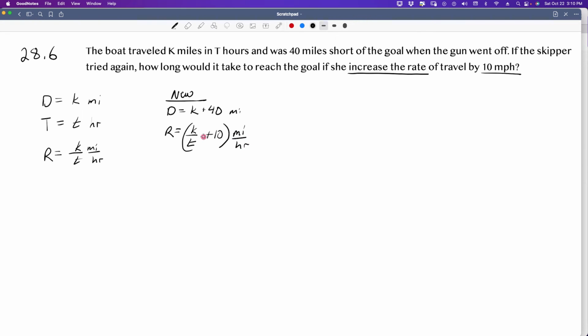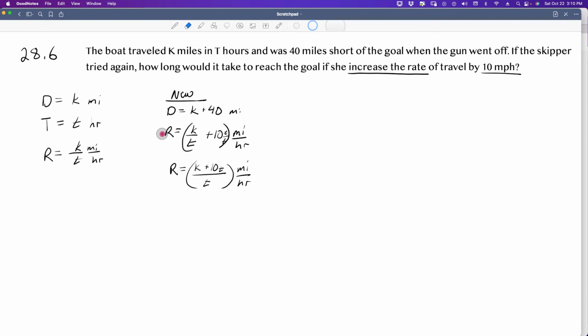So we need to get this a little bit more simplified. We are going to, again, multiply this by T over T so that they both have the same denominator. So our new rate is actually K plus 10T over T, and that's in miles per hour. All right, so that's our new rate.